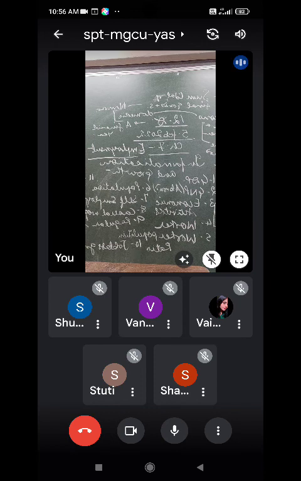Next sentence, they get wages according to the work contract. May be daily or may be periodically.